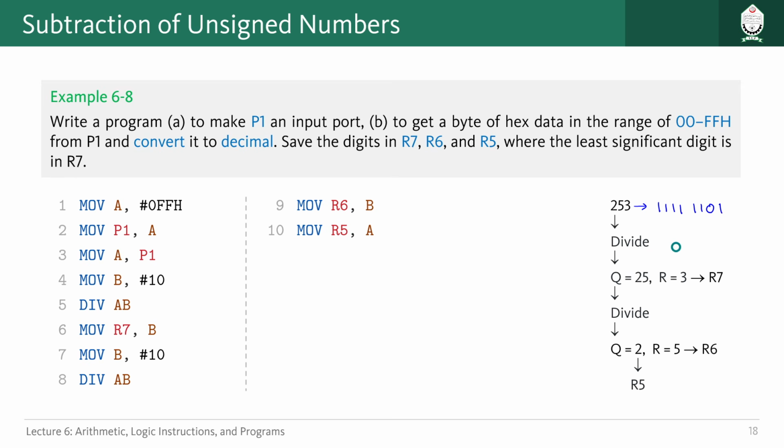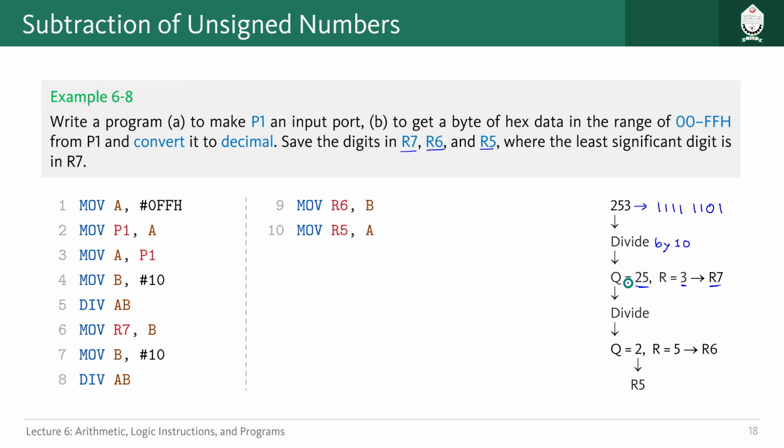Using division. We divide 253 by 10. If I divide 253 by 10, we get a quotient equal to 25 and the remainder should be 3. This 3 should be saved in R7. As we said, we are going to save 3 different digits in 3 different registers, so the least significant digit, which is 3, will be saved in R7.